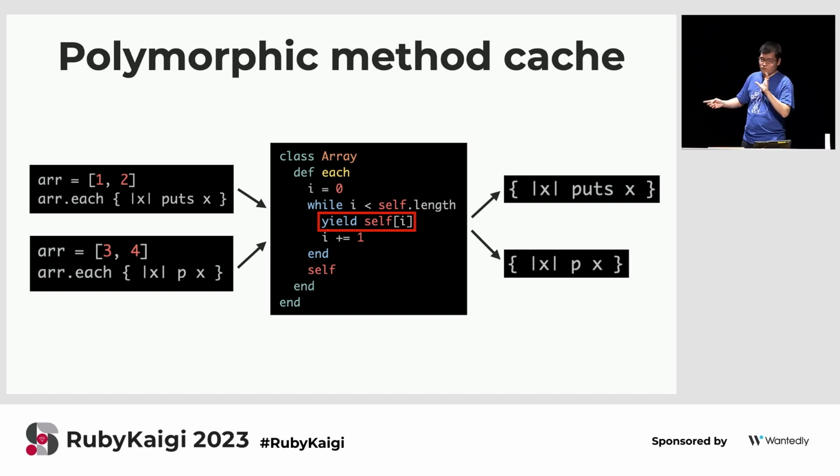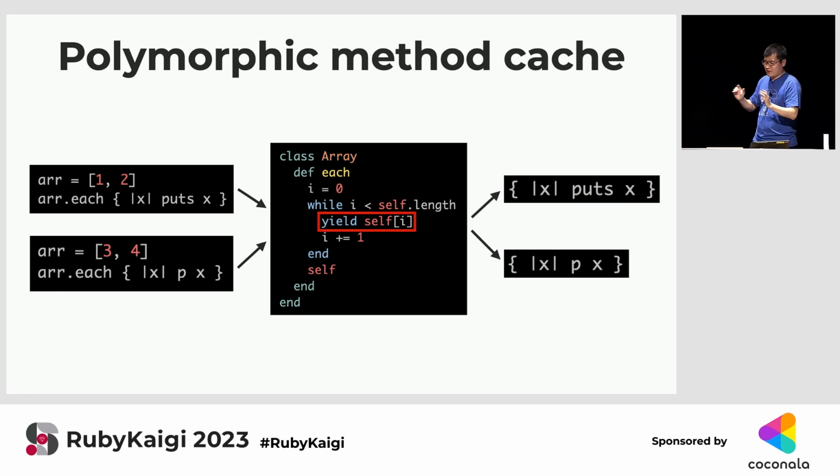Then what happens is array each goes to the array each written in Ruby, and then that goes to the yield that calls the block given to the array each. And for the place that's calling the yield, it needs to support or handle multiple blocks for making that optimized.